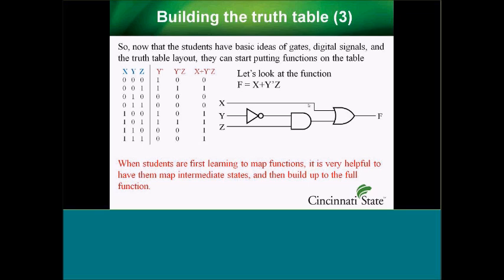It's exactly the same thing you do if you were to use a digital analyzer. You would just put traces at various parts of the circuit. You would take a look at it. I have them map these intermediate states. Also, what it lets me do, when I do this on a test or a quiz, is it lets me see problems that they have. Like Y prime Z, for instance.